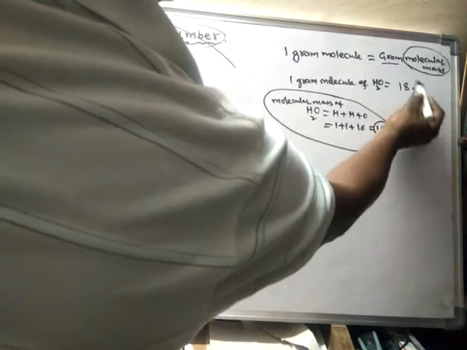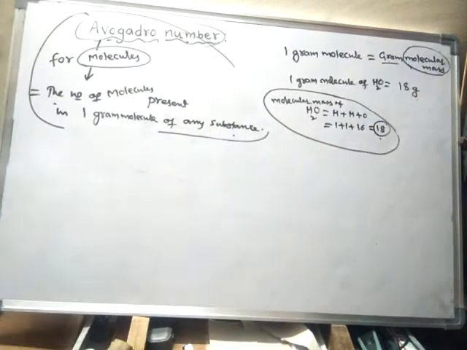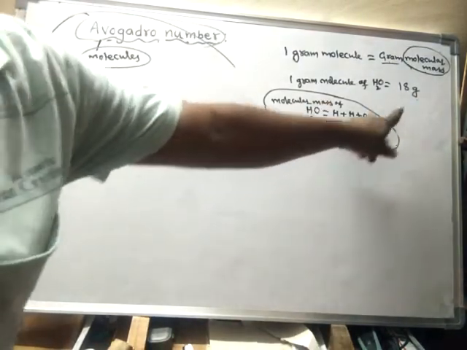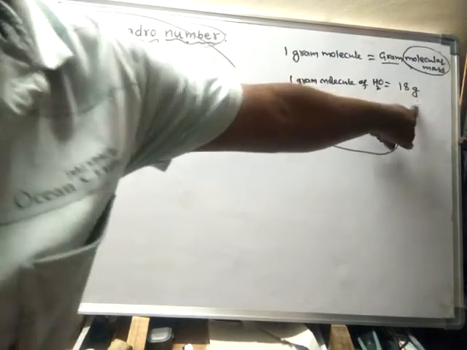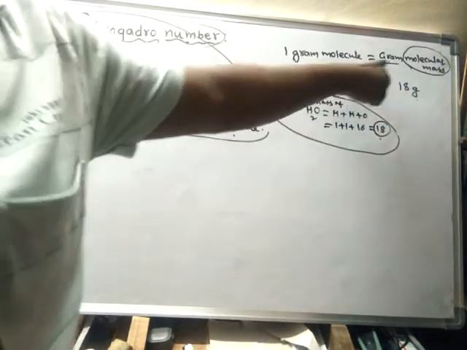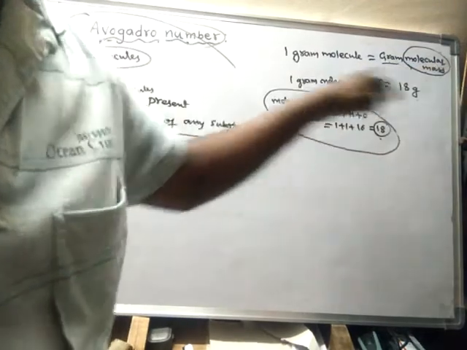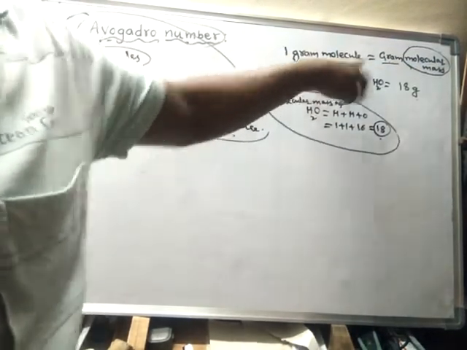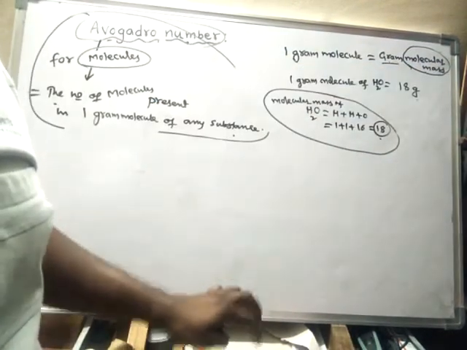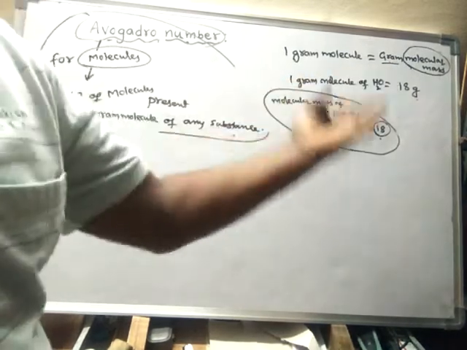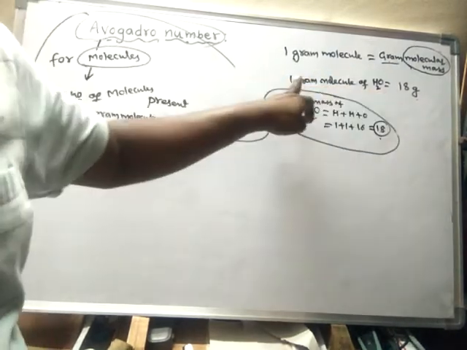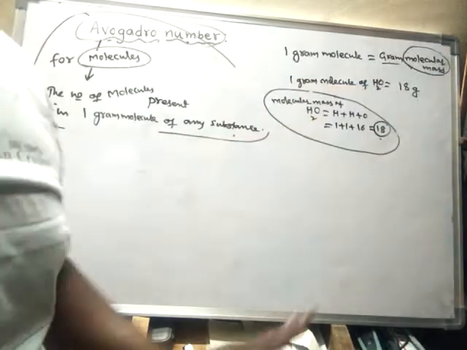So gram molecular mass of water is 18 grams. Always remember that gram molecular mass of any substance is equal to 1 gram molecule. So 1 gram molecule of water is equal to 18 grams.